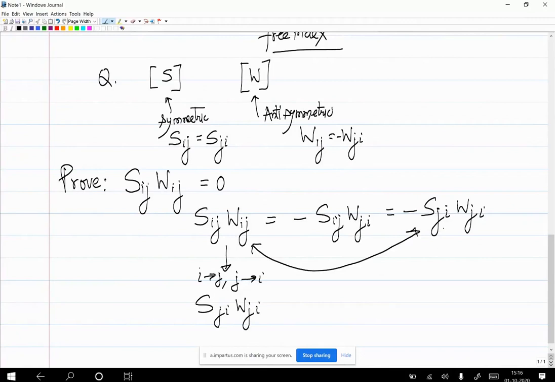But here also you have the same thing but with a minus sign. So when is that possible? A number equal to negative of itself is possible only if it is equal to 0. Right? So this is what we had to prove. Quite simple, isn't it?